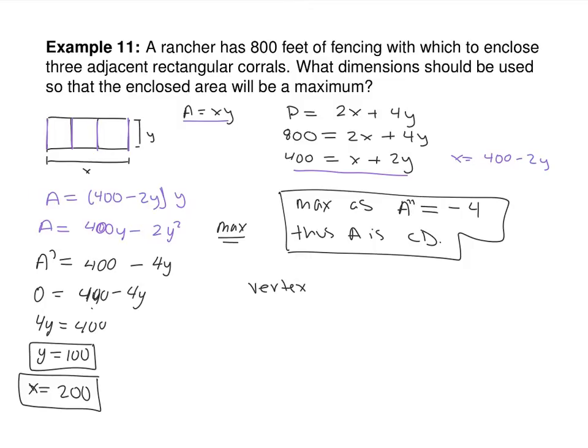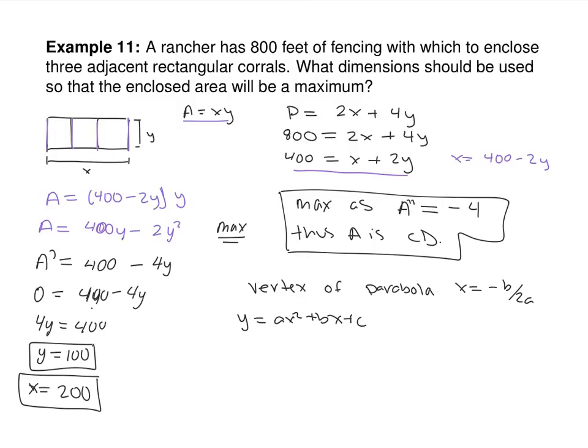Did you guys ever learn that the vertex of a parabola is at x equals -b over 2a? So a parabola is ax squared plus bx plus c. How would you prove that that was true? At the vertex of a parabola, what is the derivative? 0, the vertex of a parabola is always a max or a min, right?